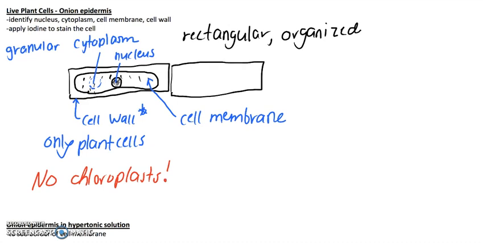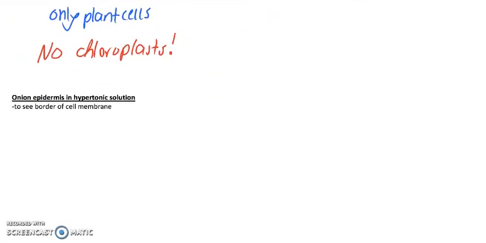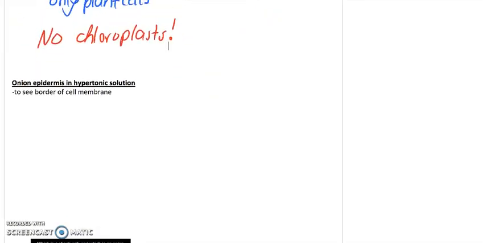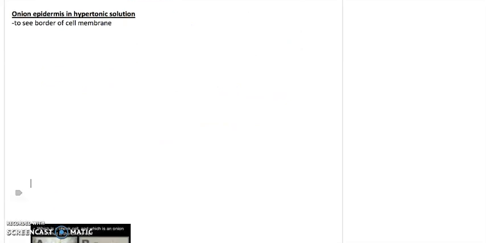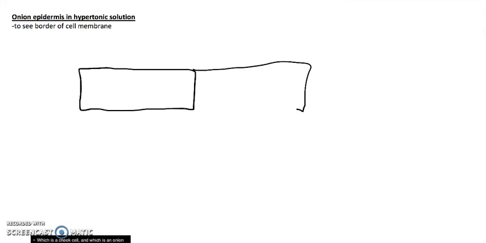Okay, now how do we kind of isolate the cell membrane from the cell wall? So we can do that by placing this in a hypertonic solution. So let's see what we can expect to see. So on the left is going to be the cell in its normal environment.